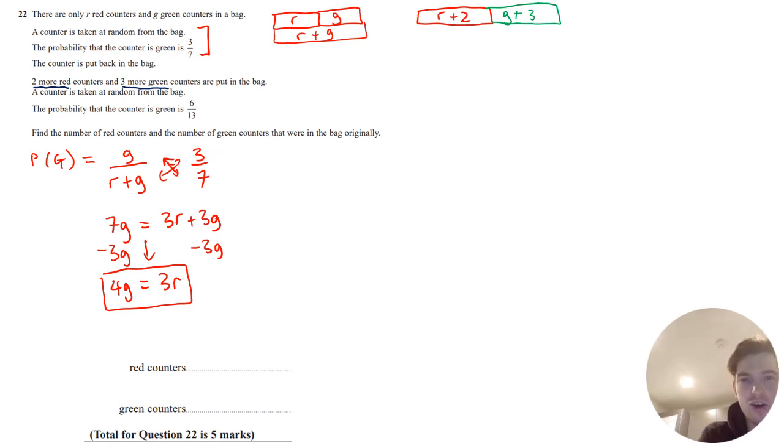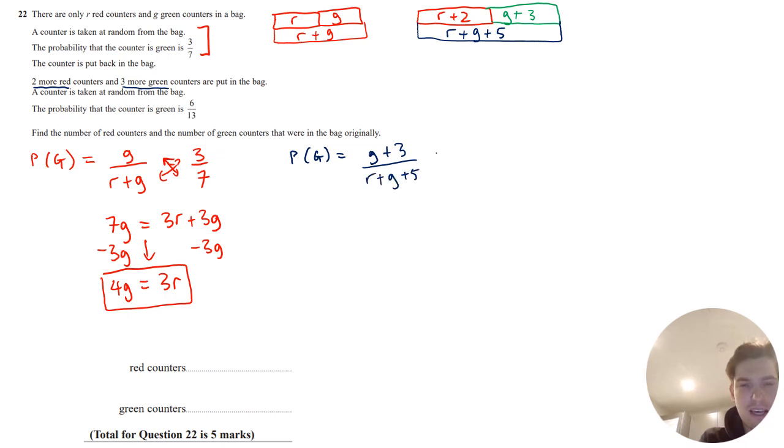What do I have in total? In total, I've got R plus G plus 5. So now, the probability of getting a green counter is the number of green counters, G plus 3, over the total, R plus G plus 5, and I make that equal to 6/13.